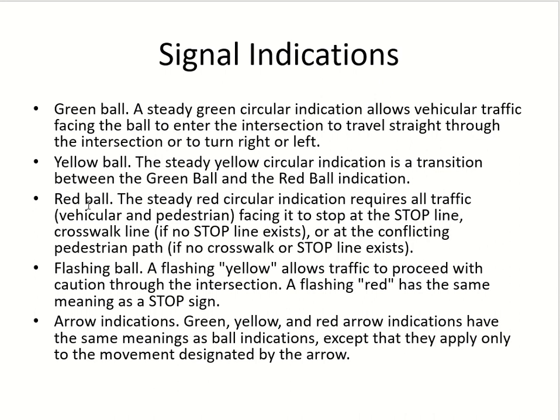And in the book, when they are talking about yellow, it is yellow between green and red, the transition from green to red. We have yellow for the transition from red to green as well. That is not considered critical because drivers are already stopped.